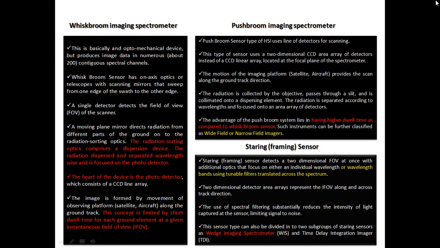So in overall cases of hyperspectral remote sensing sensors, the intensity of light can be reduced by the internal or mechanical technicalities of the sensor and instruments, and that's why the signal to noise ratio can be so low here. And this is the main cause of the completeness of spectral signatures or information.